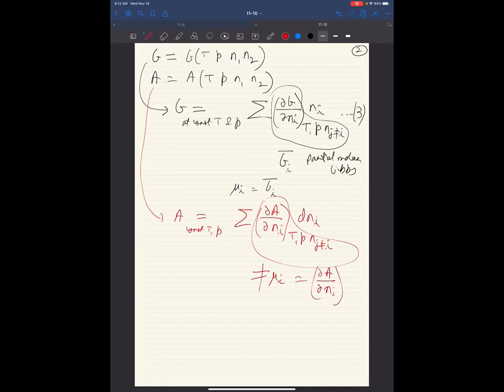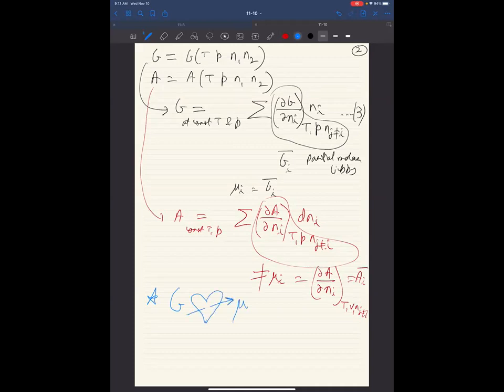Temperature and volume, right? T, V, and j not equal to i. Therefore, mu i is not equal to Ai bar. Mu i is equal to the partial molar of only Gibbs. There is a very special relation. So the point of all of this is for you to remember that G and mu have a very special relation.